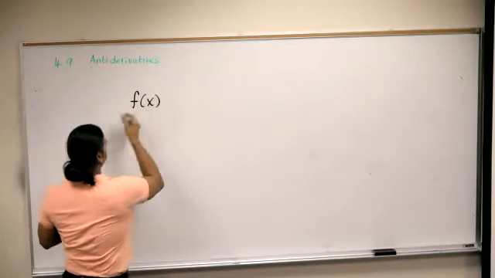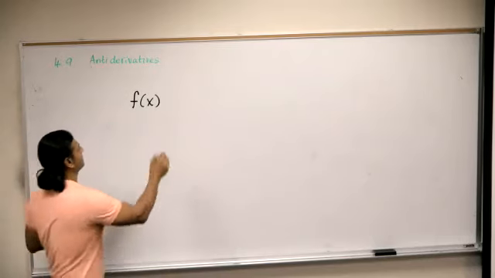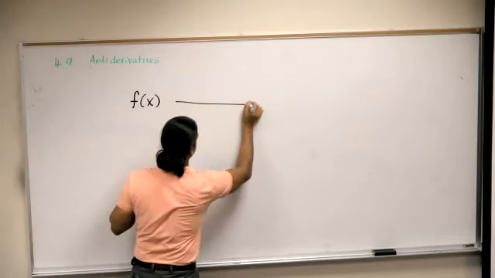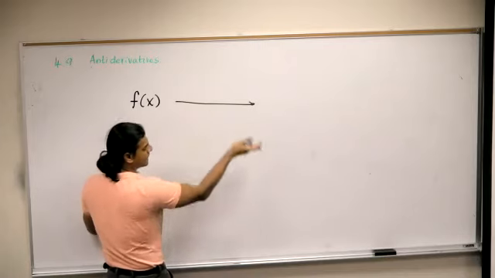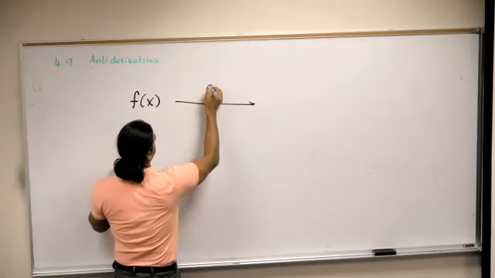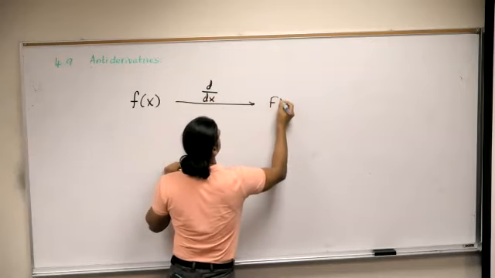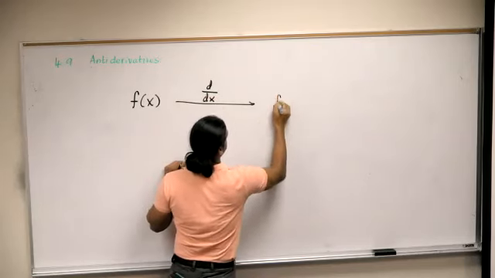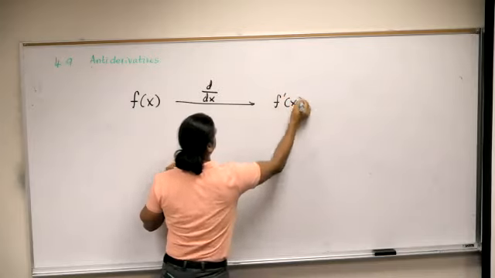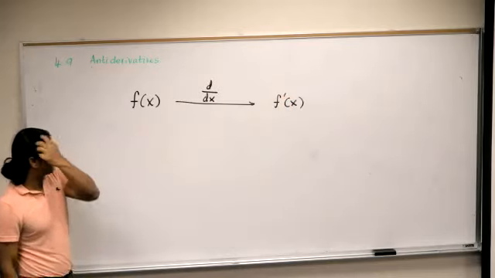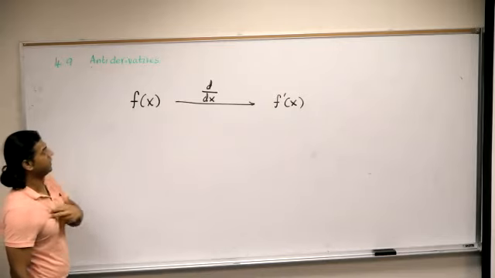Suppose we have a function f of x. And if we take the derivative, we would end up getting f prime of x.